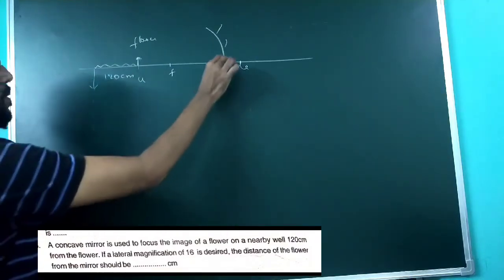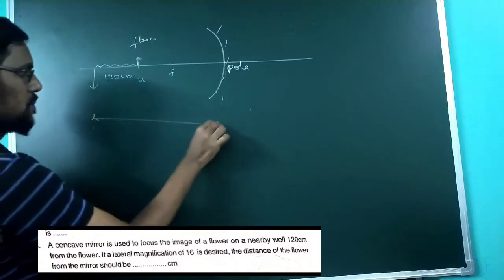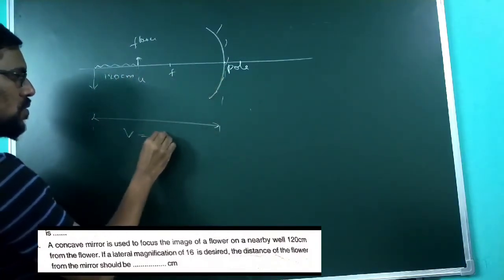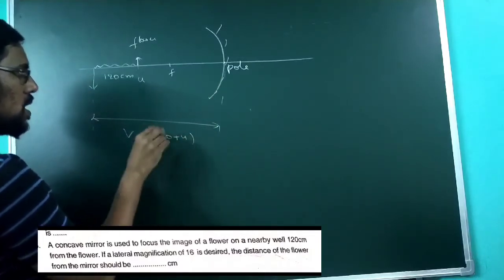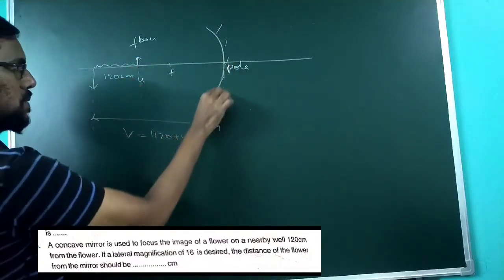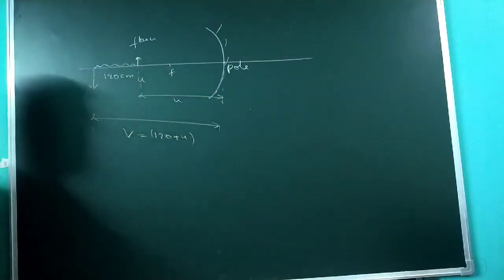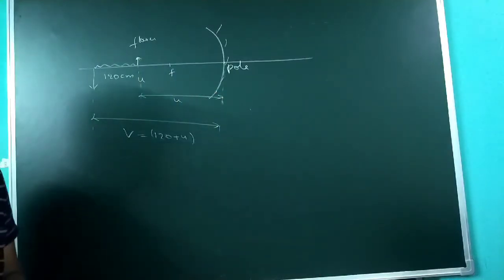According to the diagram, the image distance is given by V is equal to 120 plus U, and this distance is nothing but U.